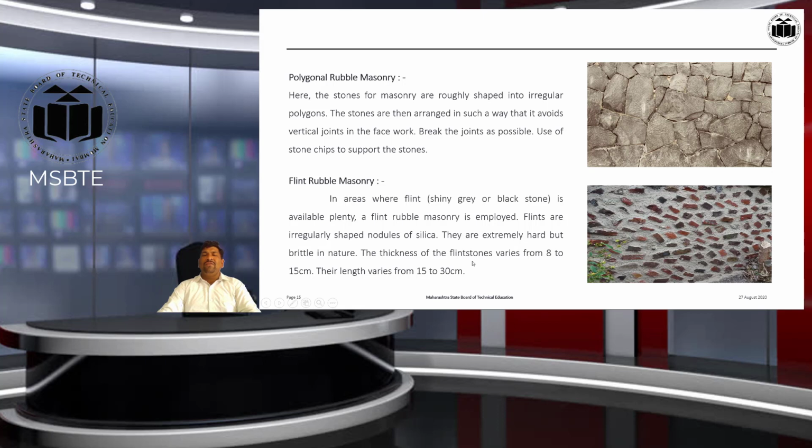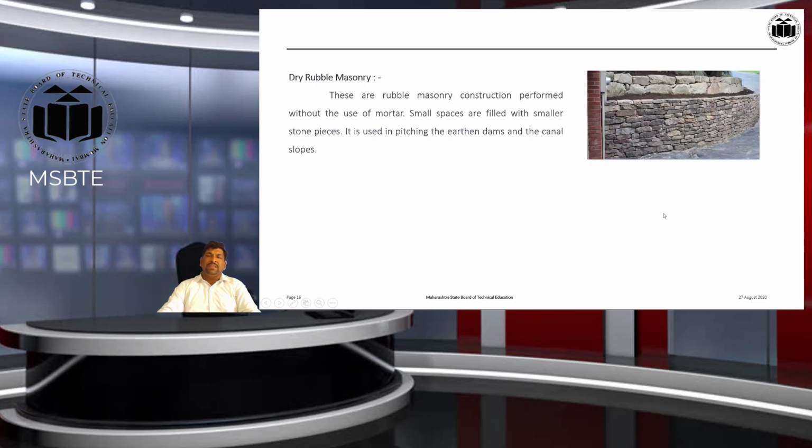The thickness of the flint stones varies from 8 to 15 centimeters, and their length varies from 15 to 30 centimeters. Generally, the shiny gray or black flint stones are used in this type of masonry where flints are available in plenty. So this is the flint rubble masonry.